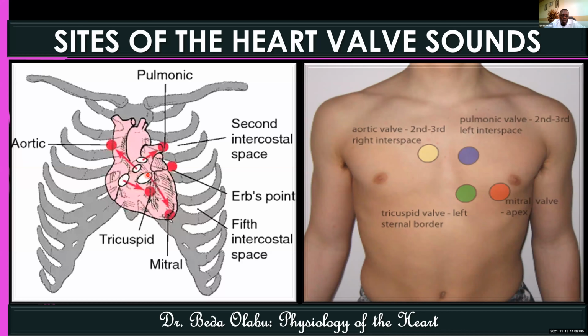The sound from the mitral valve is best heard at the cardiac apex, which in adults would be fifth intercostal space, left mid-clavicular line. Maybe in a child it would be the fourth space, mid-clavicular line. The sound from the right atrioventricular valve, the tricuspid valve, is best heard around the third to the fourth space on the left.